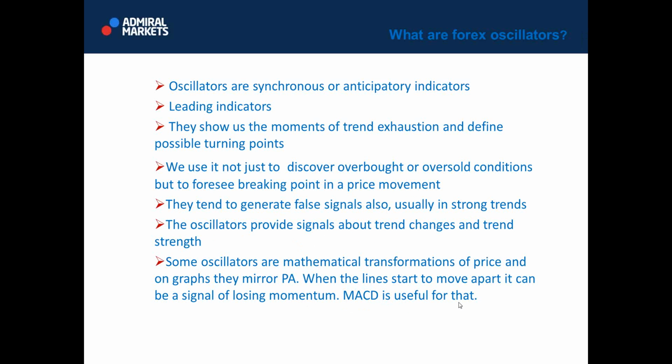MACD is useful for that, because MACD, by multiple time frame analysis, captures the momentum. We had a webinar about it, so please go on our site and watch the recorded webinar about momentum and how to capture it by using MACD.